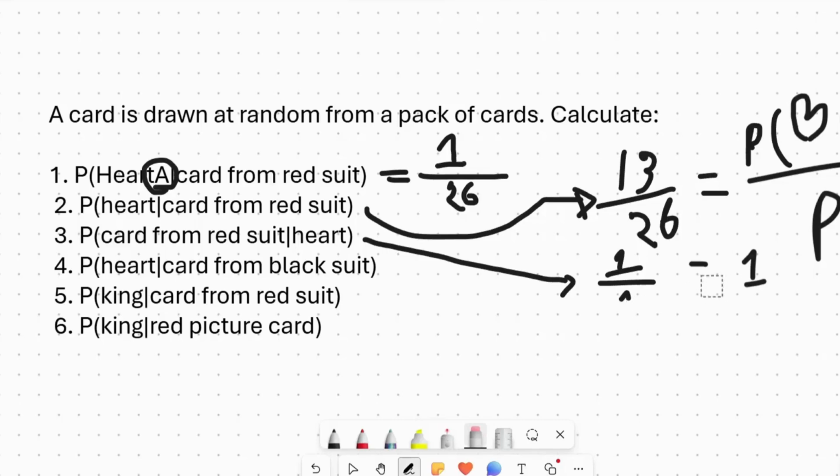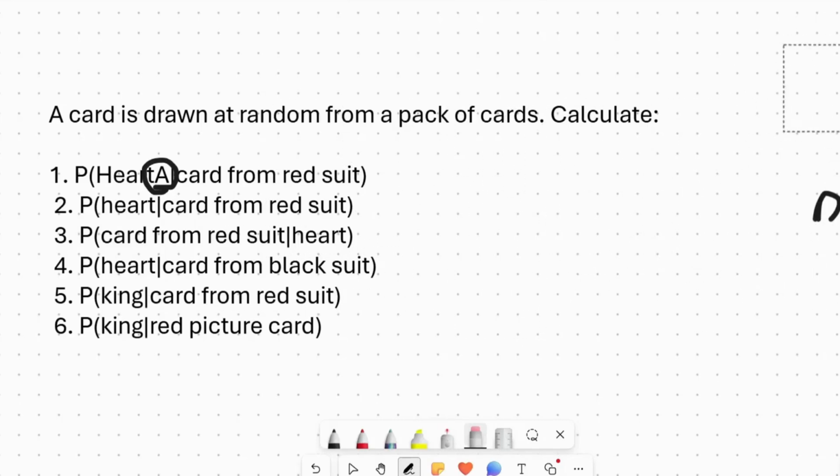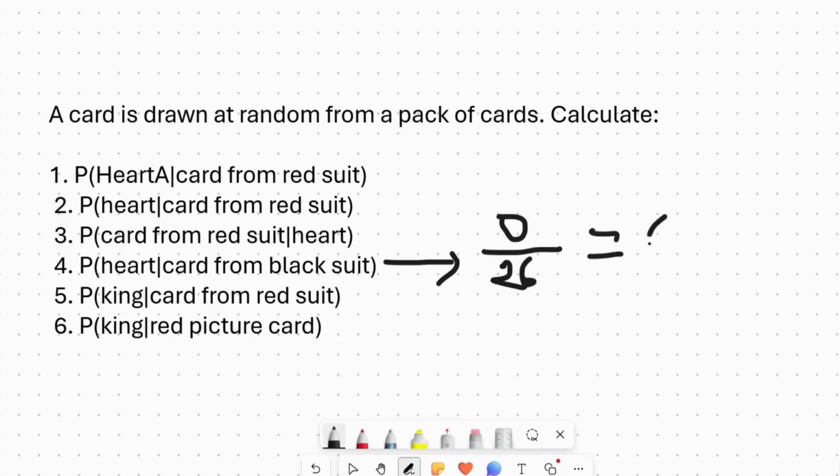I erased all of this so that I can write here. The card must be heart, and the card is from the black suit. So this is 0 because no black card is a heart. So 0 by 26, the black card probability. So this is 0.